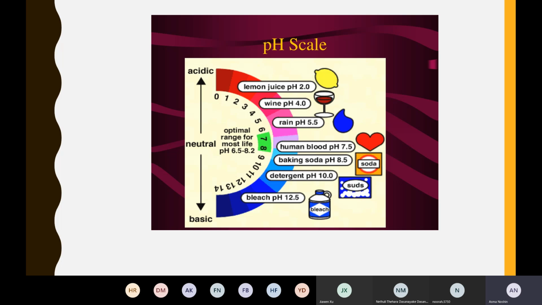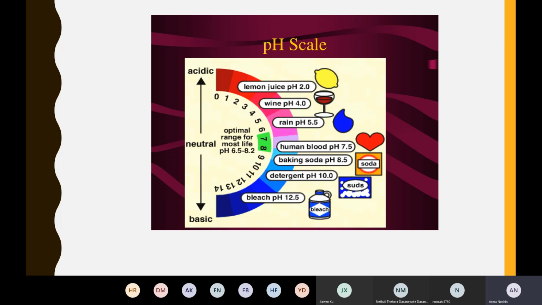So remember, anything which is strong, either an acid or a base, will show you a darker color. From 0 till 3, this is a strong acid, so the color is darker. But if you move on from 3 till 6, the color is getting lighter.